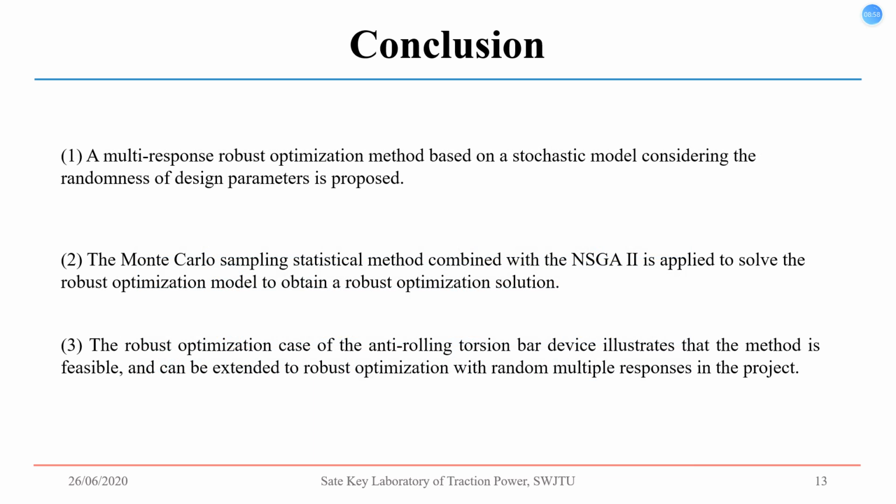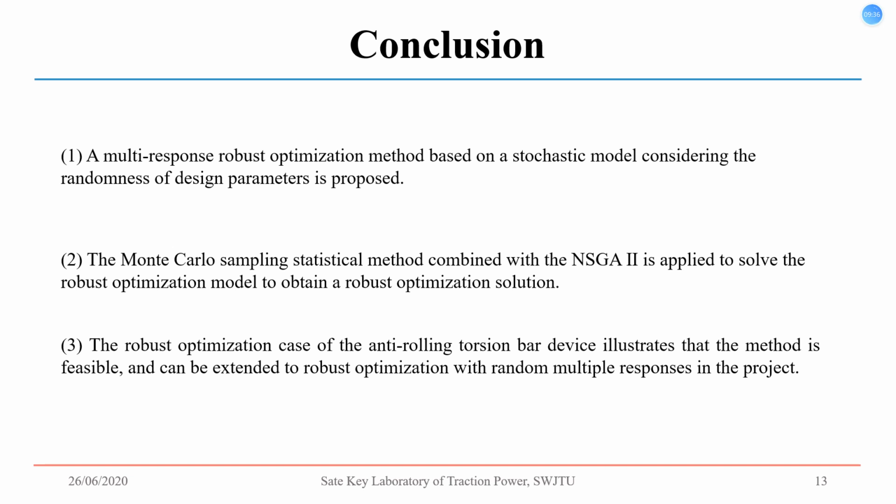So we can get three conclusions. The first one is that a multi-response robust optimization method based on a statistical model containing the randomness of design parameters is proposed. The second is that the Monte Carlo sampling statistical method combined with NSGA-II is applied to solve the robust optimization model to obtain a robust optimization solution.